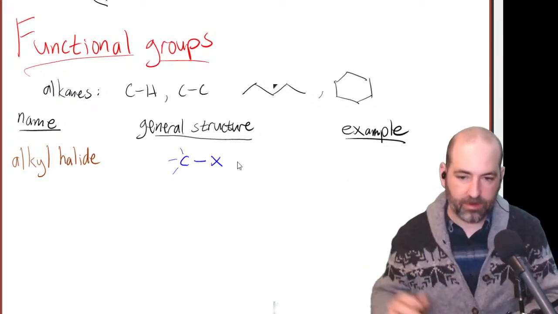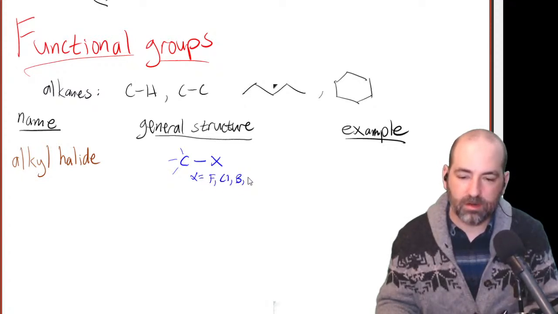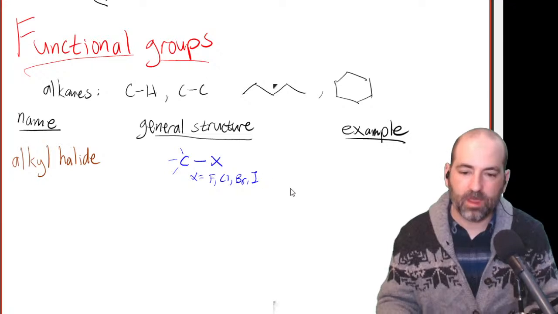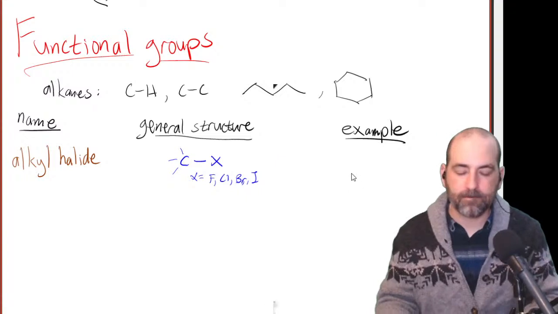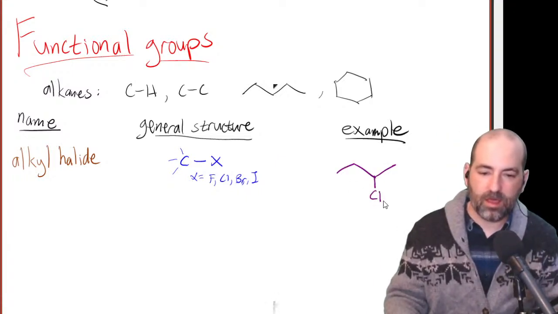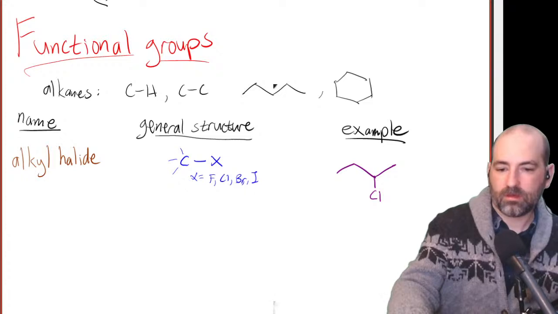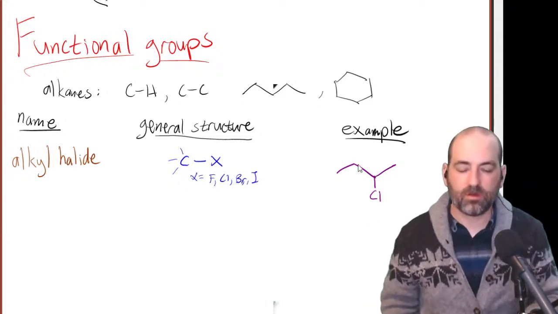It could be whatever. But X here could be fluorine, chlorine, bromine, or iodine. And so an example structure there would be something like, if we just drew an alkane and then put a chlorine atom on there. So, we added an alkyl halide.